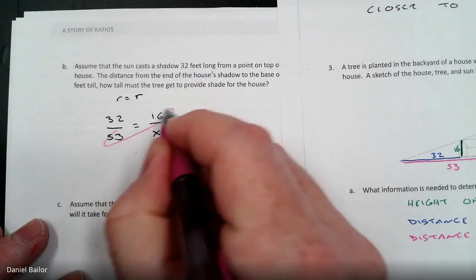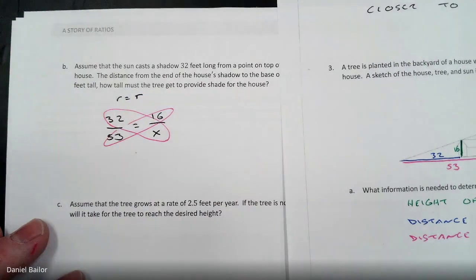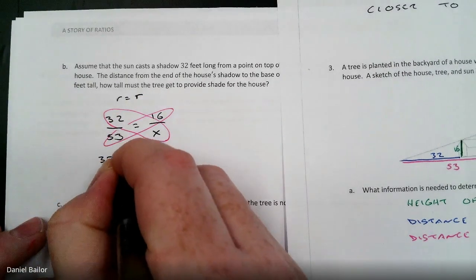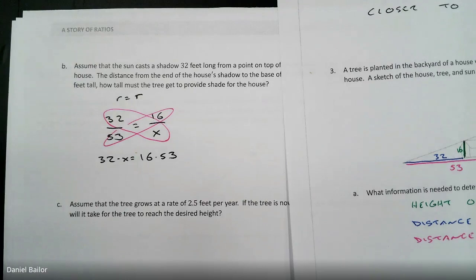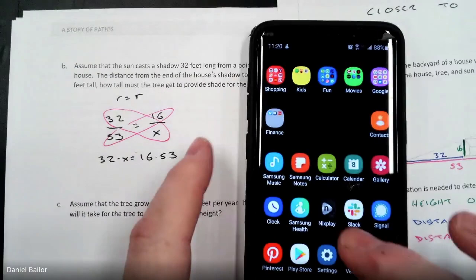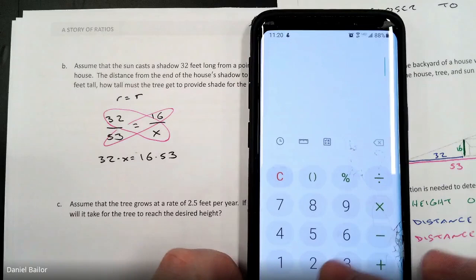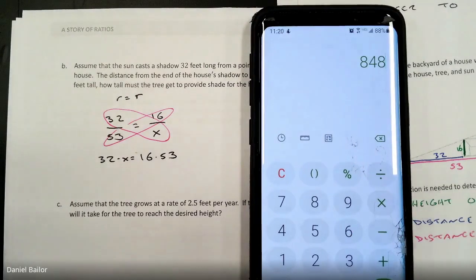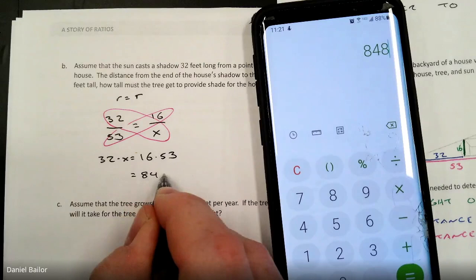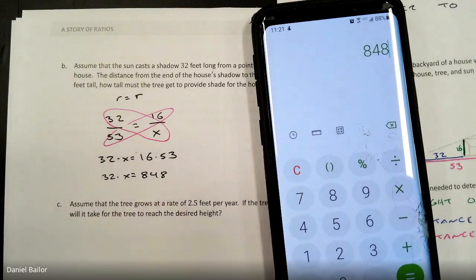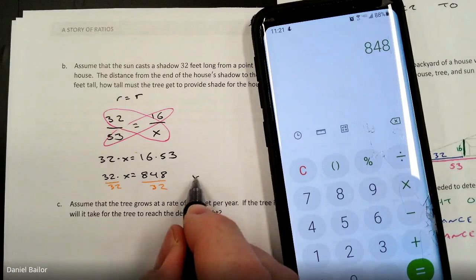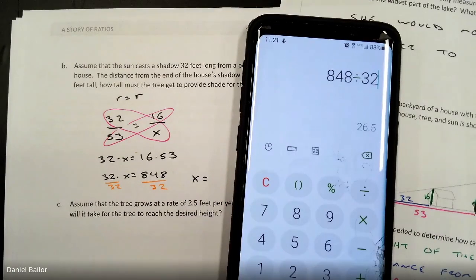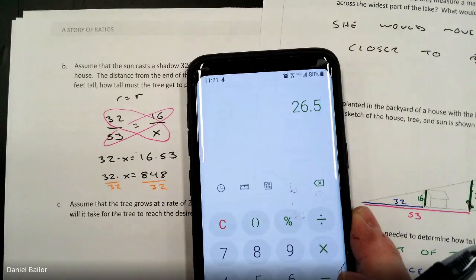We just cross multiply. And we get 32 times X equals 16 times 53. So let's get our calculator and do 16 times 53. And we get 848. And we know that we have to divide by 32 to get X by itself. And when I divide by 32, I get 26.5.